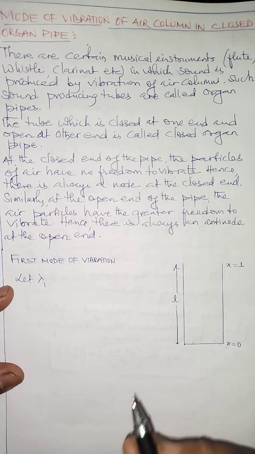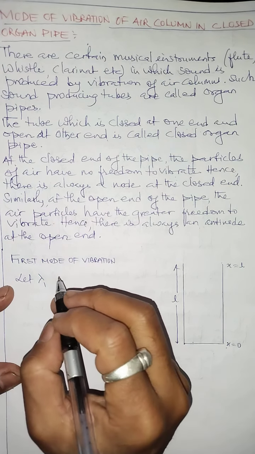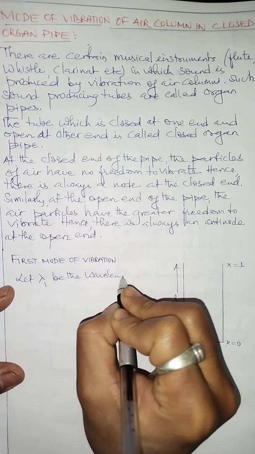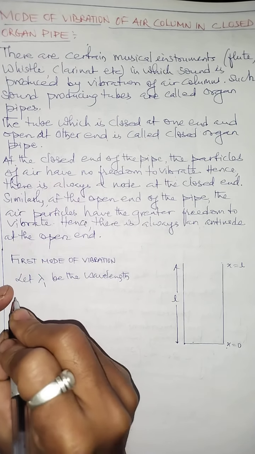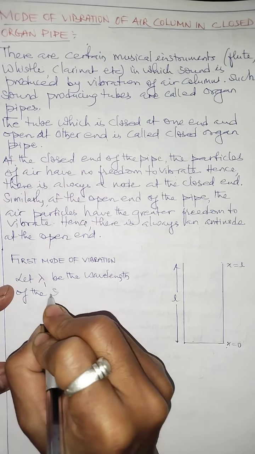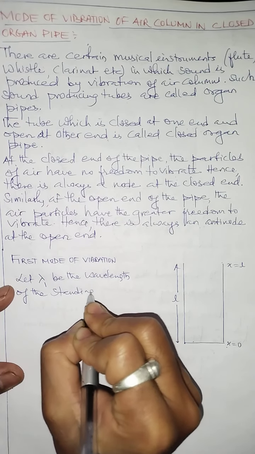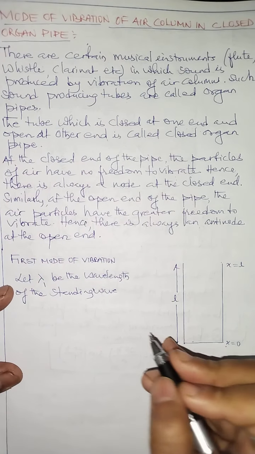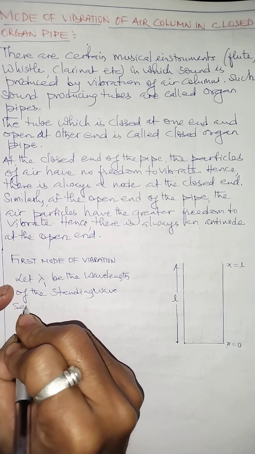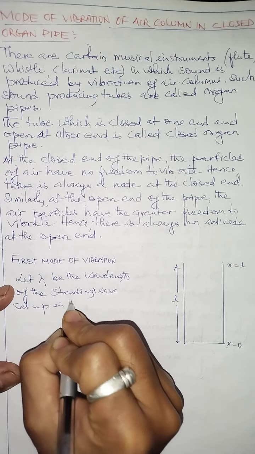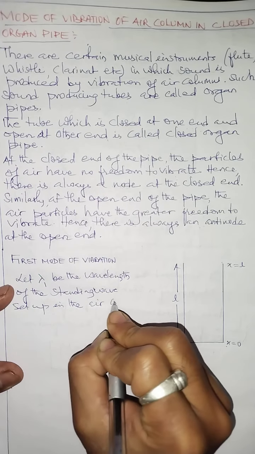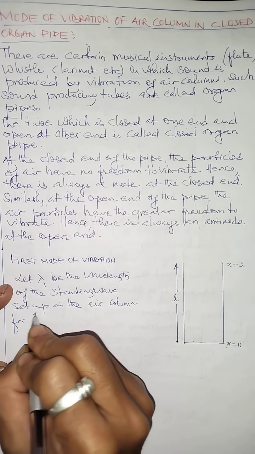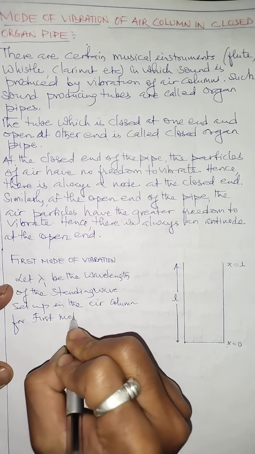Lambda is the symbol we usually use for wavelength. So lambda 1 is the wavelength of the standing or stationary wave set up in the air column for the first mode of vibration.